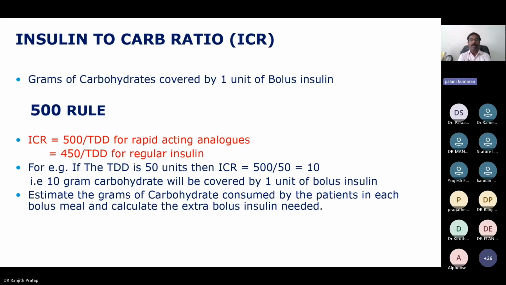We can calculate the carbohydrate intake the patient is going to take preprandially. Accordingly, we can calculate the ICR, that is the insulin carbohydrate ratio, and add on the bolus insulin, so that we have a small more edge to achieve good glycemic control, especially for type 1 patients and also for patients previously on insulin with type 2 diabetes.